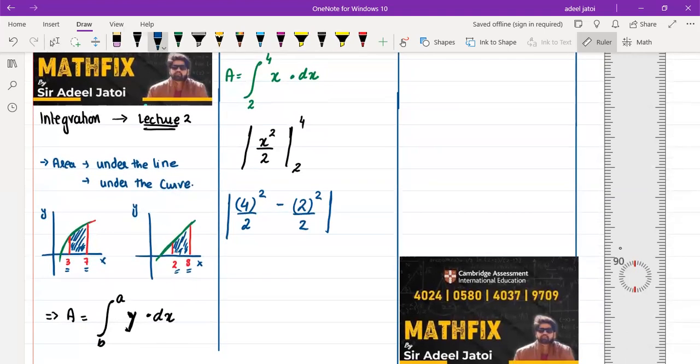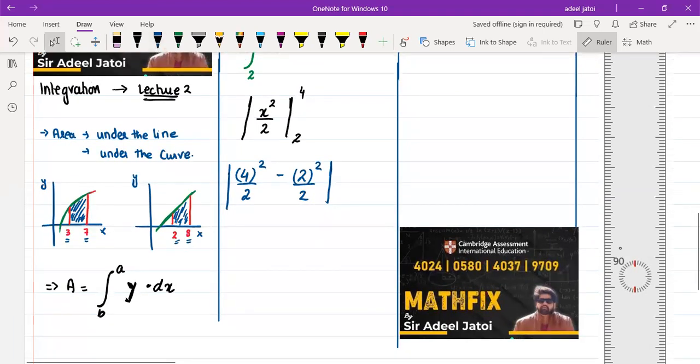What does the modulus sign do? In case the area is negative, the modulus sign will change the area to positive. So 4 square is 16. 16 divided by 2 becomes 8. 2 square is 4. 4 divided by 2 becomes 2. So this should be 6. Modulus 6. So this represents your area.